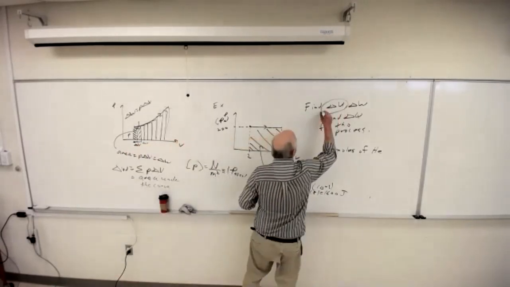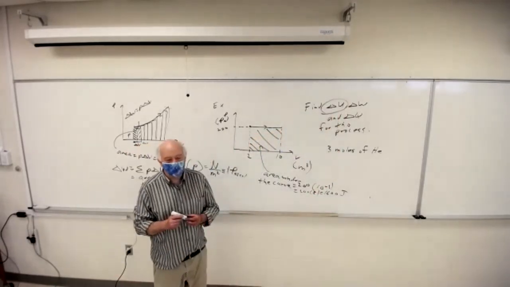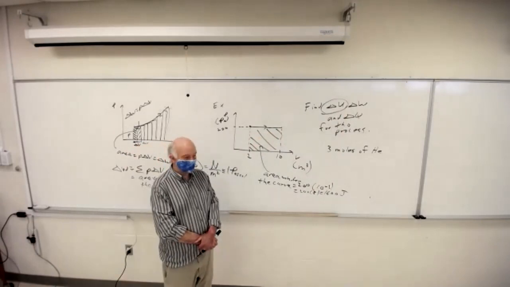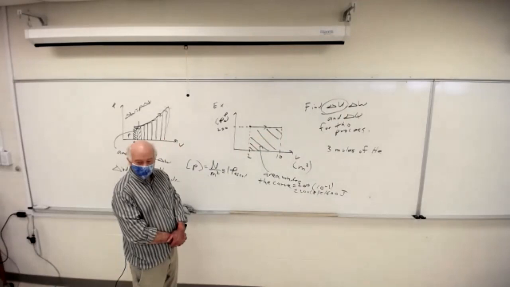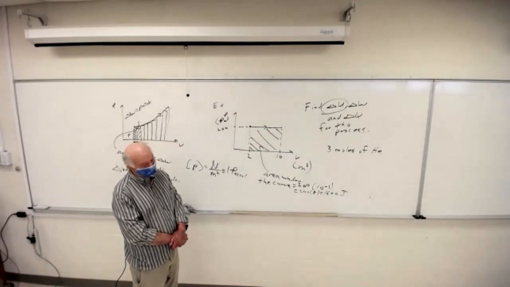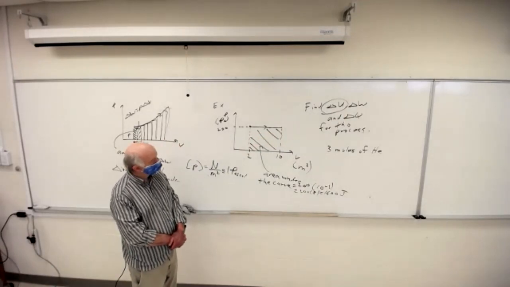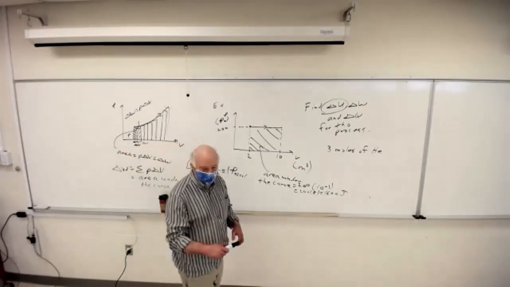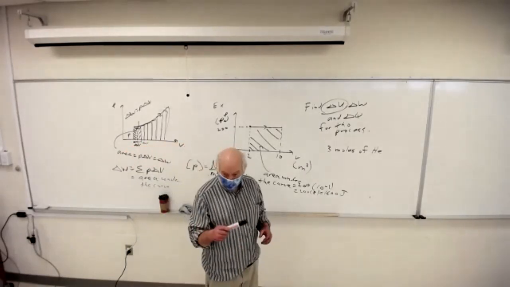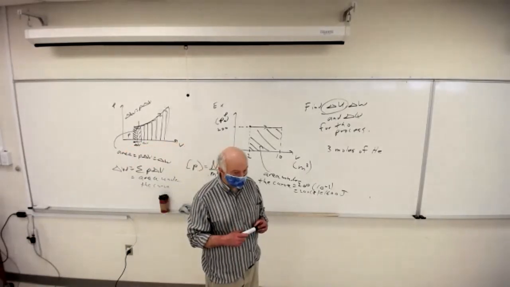Tell me how to find this and why we can actually find that. Sure. But we don't know delta Q. What is U again? Internal energy, which is connected with what?